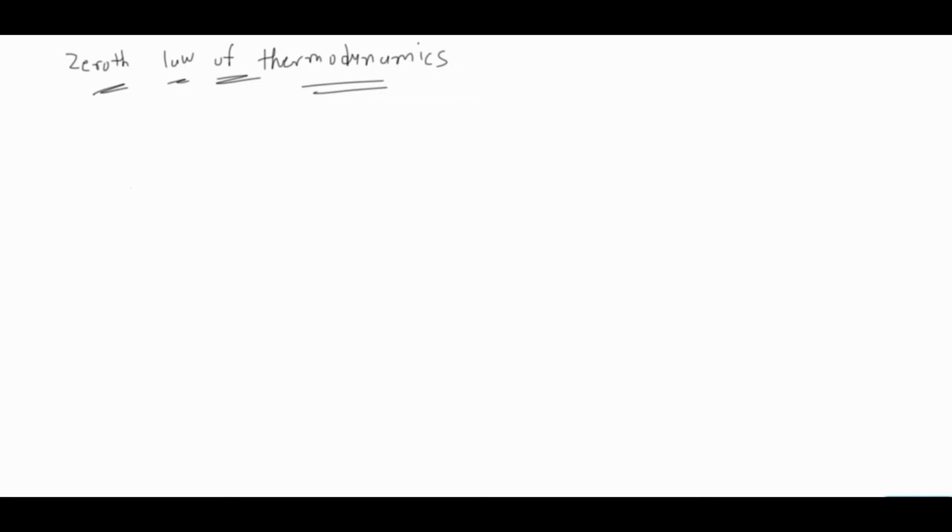That means if this is system A, this is system B, and this is system C. If A and C are in thermal equilibrium, and B and C are in thermal equilibrium, then we can say that A and B are also in thermal equilibrium. Okay, so this is the Zeroth Law of thermodynamics.